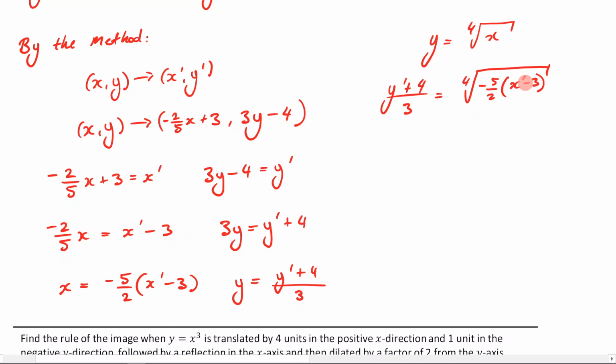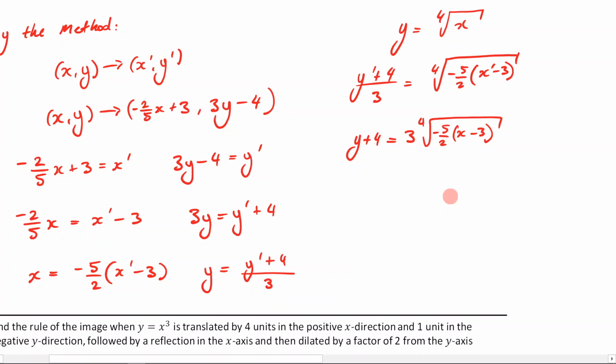Then I'm going to drop the dashes and solve for y. So y plus 4 over 3 equals, I'm going to times both sides by 3, so it's going to be a 4 there, minus 5 on 2, x minus 3. Then I'm going to minus 4 from each side.